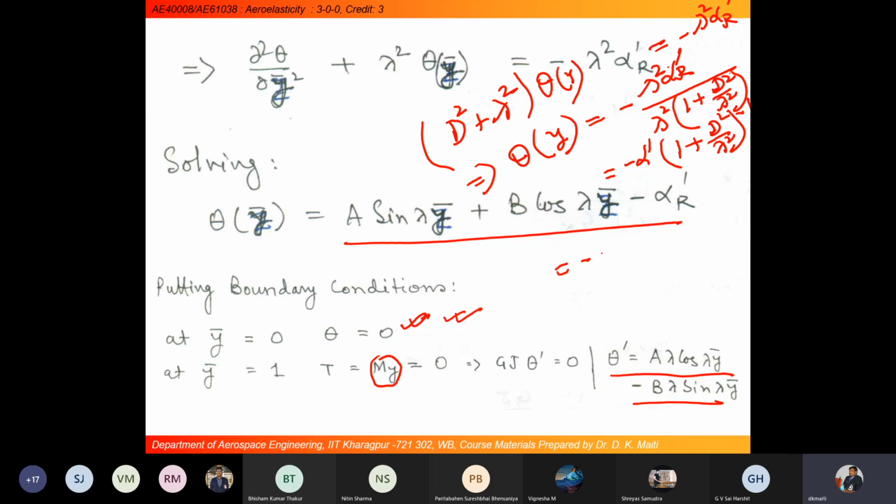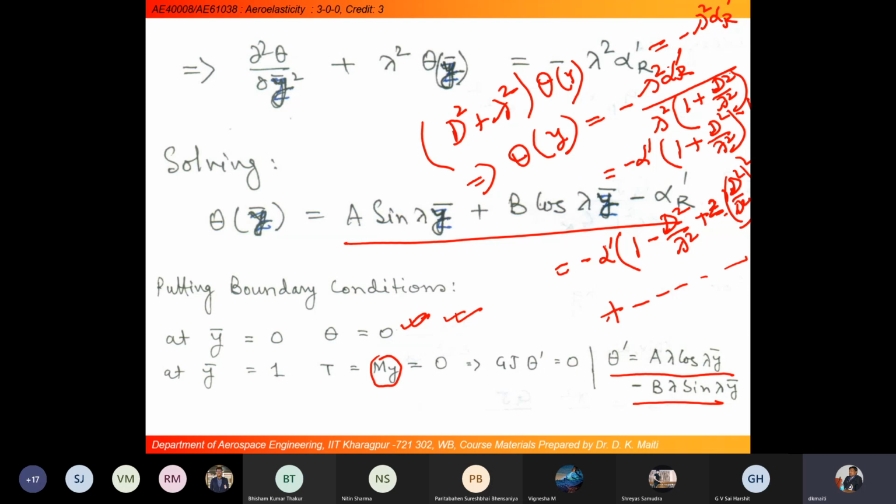taking the first term, I will have alpha r prime times 1 minus d square by lambda square plus 2 factorial, d square by lambda square whole square, and we will have infinite terms.